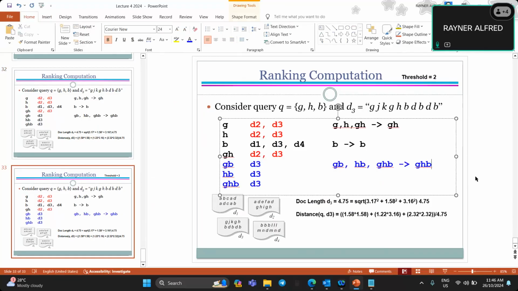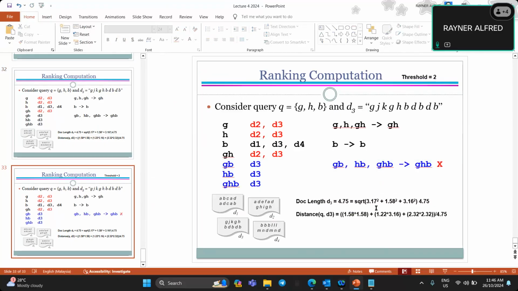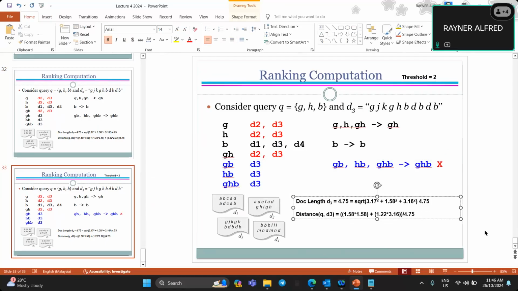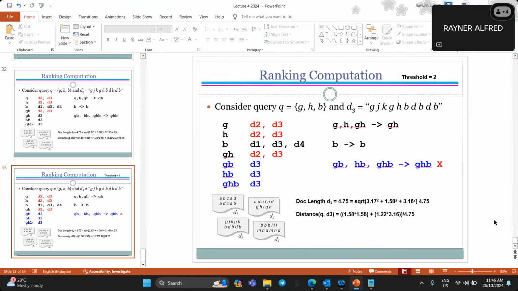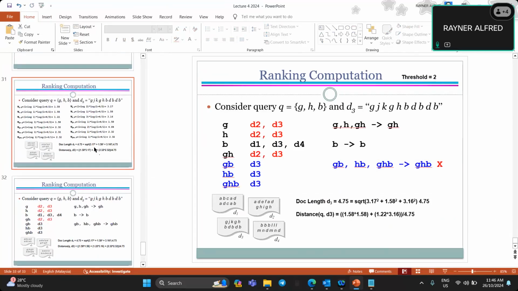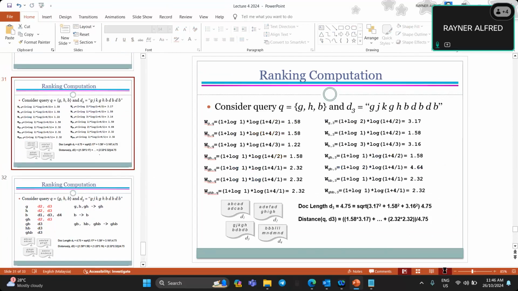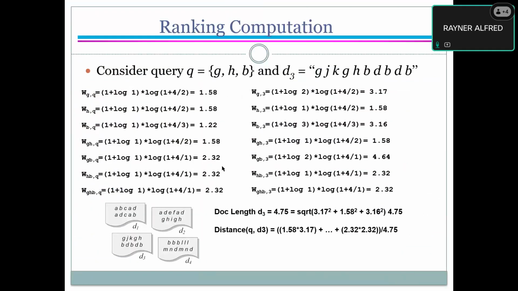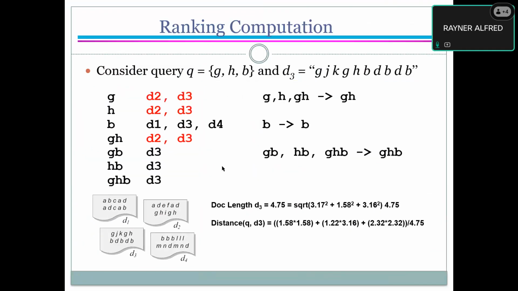So we will remove this, and we only have G, H, and B. So our calculation will include only this. Notice that from 7 here, we can reduce if we introduce the closed term set.